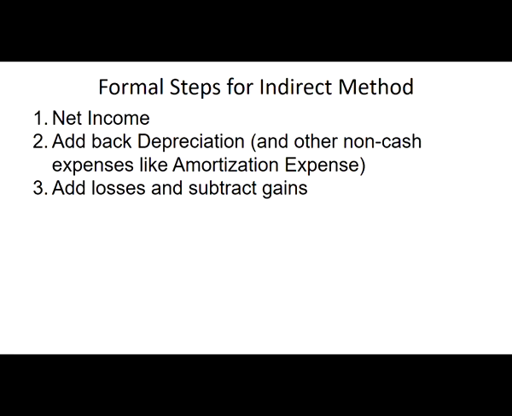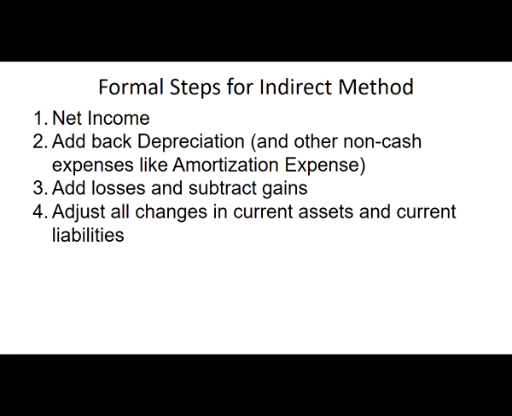We added the gain to get to net income. And so by subtracting it, we're basically taking it out, and we're doing the opposite for losses. Those losses and gains for fixed assets, which is what they are in this case, are investing activities. You will see them in video 3. They don't need to be in the operating activities section. They're only in there so that we can remove them out of net income.